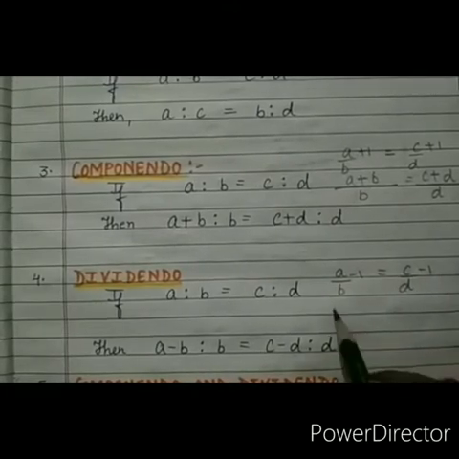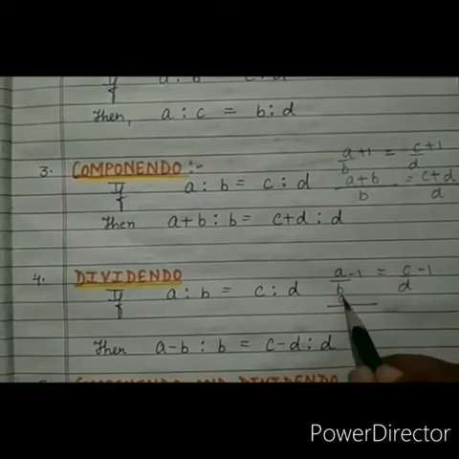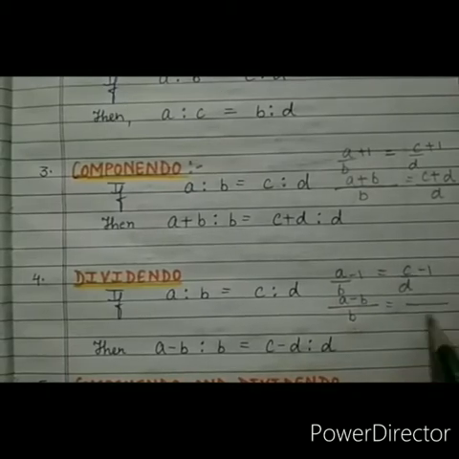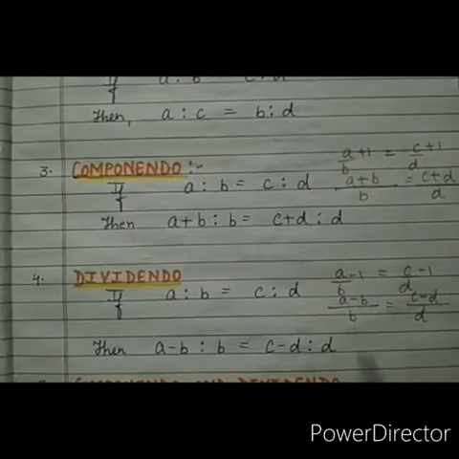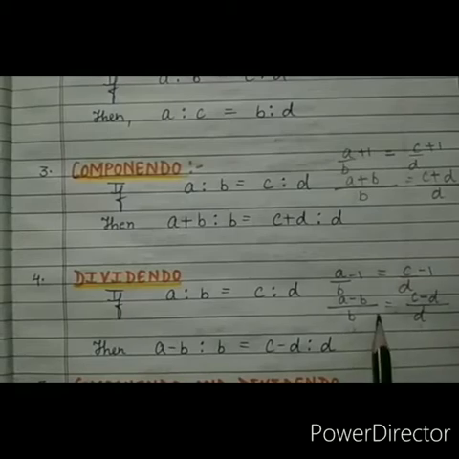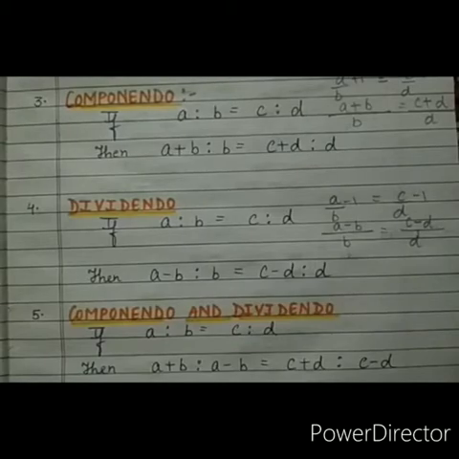When we subtract, we get the LCM B and it becomes A minus B, and here the LCM is D, so it becomes C minus D. Then we can say that the ratio between A minus B and B is equal to the ratio between C minus D and D.